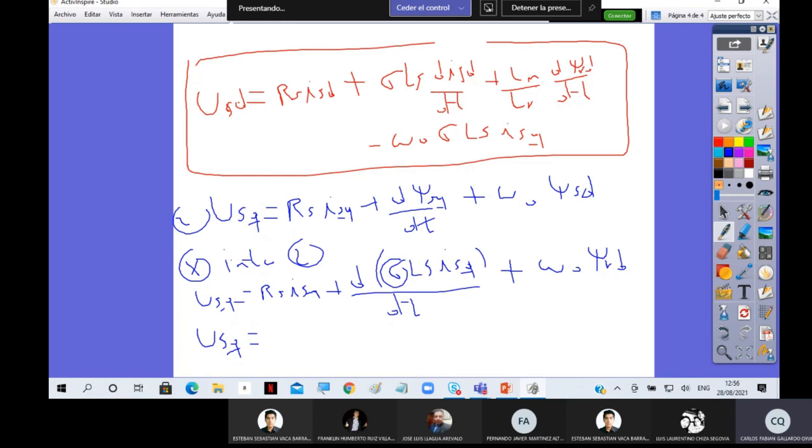So I will have here the stator resistance, okay, times the stator current on Q-axis, plus the leakage coefficient, taking out of the derivative, okay, times the stator inductance, times the derivative of the stator current on Q-axis with respect to the time, okay, plus the speed times, okay, in this case, this is the stator, okay, on the axis, and this is D, okay.